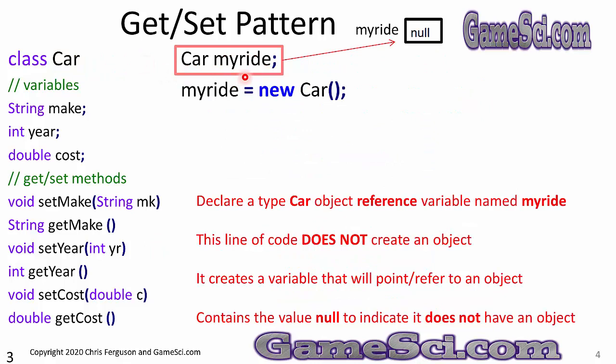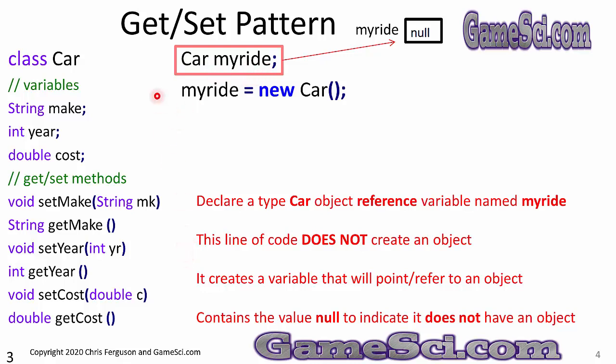Car, my ride. What are we doing here? We're going to use this class car to build a car object and use the car object. Once again, I don't need all the details of the car class. I just have to have an idea what the variables are and a list of what the methods are. So on this line we're going to declare a type car object reference variable named myRide.